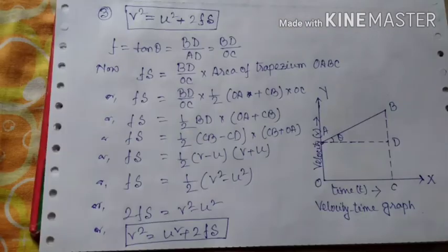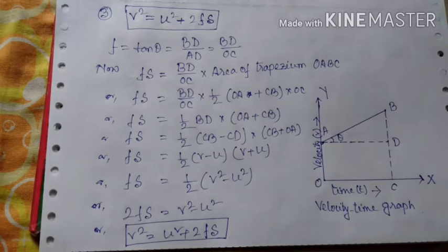Now equation number 3, that is v square is equal to u square plus 2fs. We have an idea about f, that is f is equal to tan theta is equal to BD by AD, that is BD by OC. Now f into s is equal to BD by OC into the area of the trapezium. Fs is equal to BD by OC into half of OA plus CB into OC.